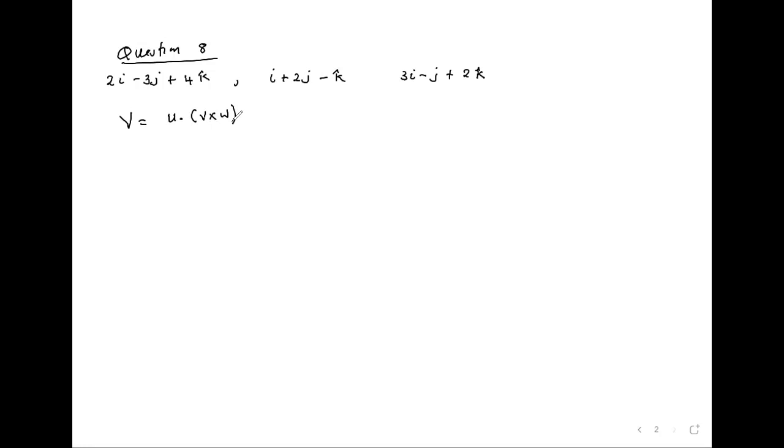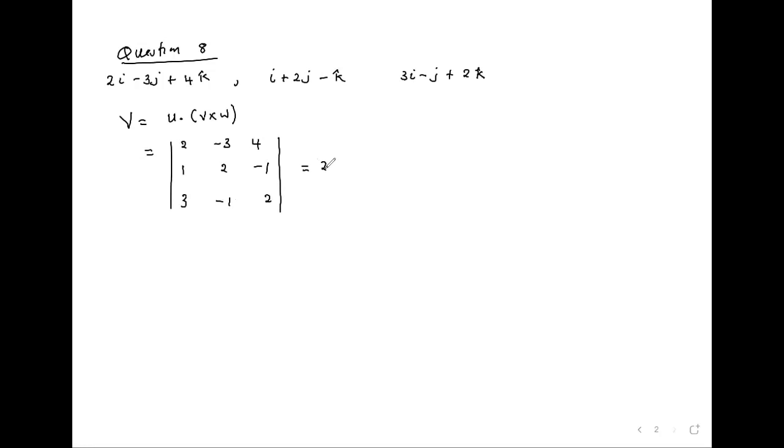But then doing this is just the same as getting the determinant of the three vectors put together. So this determinant is just a determinant of 2.